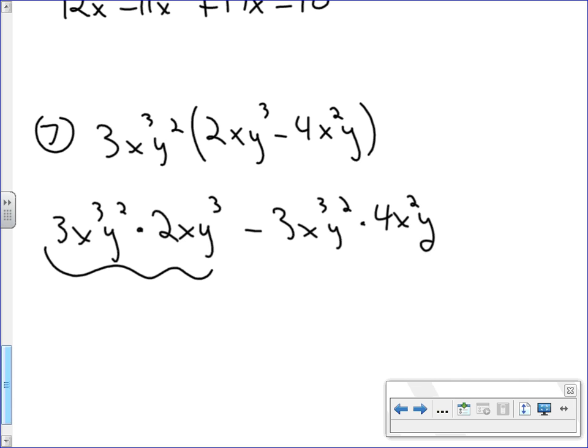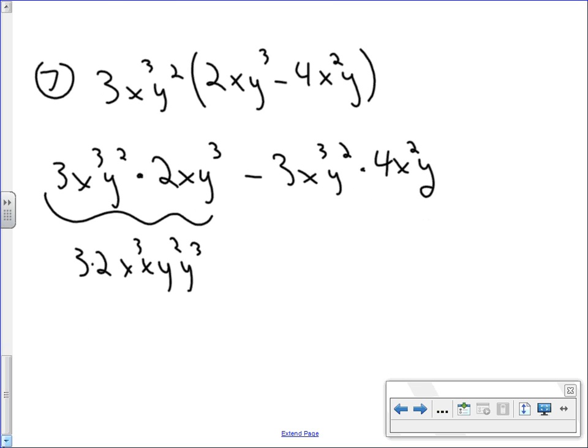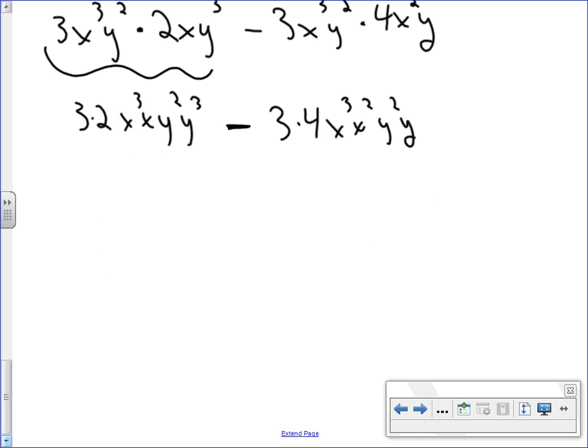The coefficients forward, the x is next, and the y is next. Do the same thing with the second set. Coefficients forward, the x is next, and the y is next. Okay. Order of operations says you have to completely finish multiplying before you start adding and subtracting.